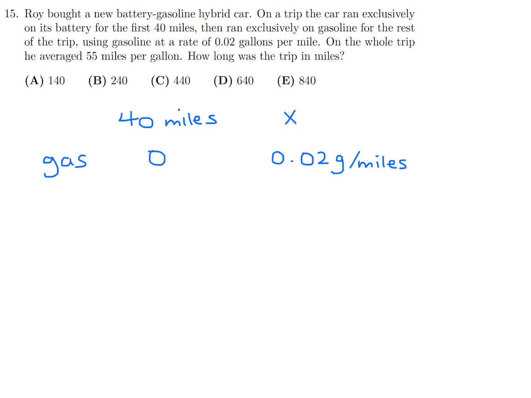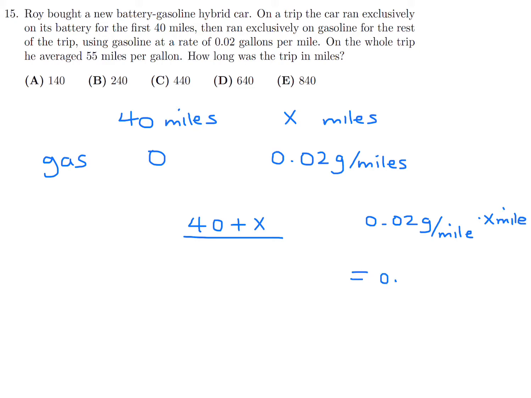So if I want to figure out the average, obviously I have to take the sum of the distance and divide by the total amount of gallons. Now the total amount of gallons, if this is x miles, and this is 0.02 gallons per mile, it would be 0.02 gallons per mile times x miles. And that would give me how many gallons?